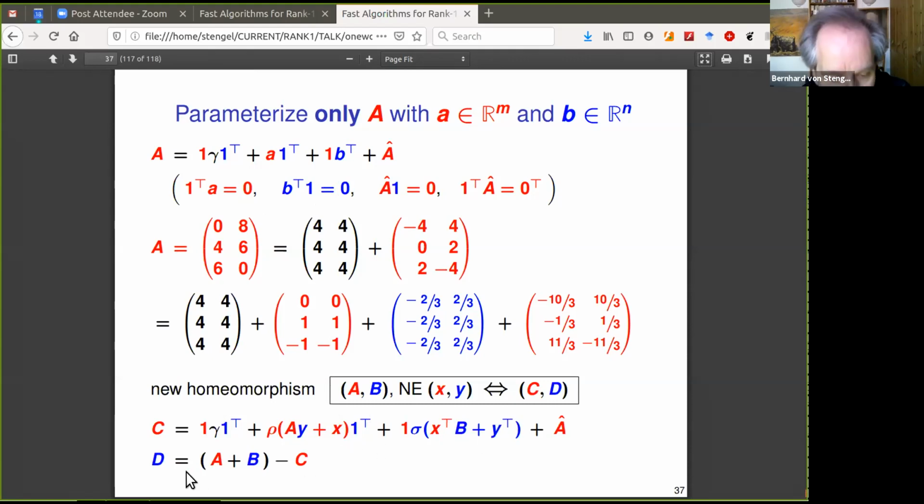And then totally simple, I take D equal to A plus B minus C. So that's why I trivially preserve the property that A plus B is equal to C plus D. Okay, so this is a new homeomorphism that, for instance, stays within the set of zero-sum games. And that's why I find it interesting.